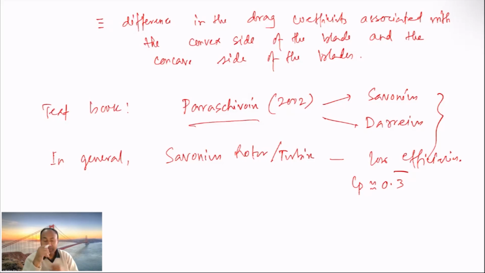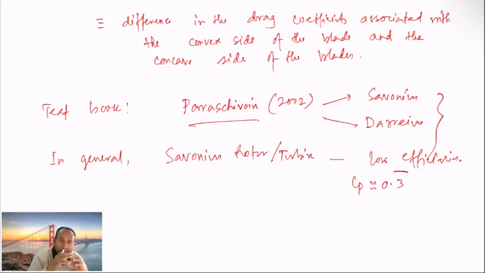So one can think about some design which is mixed in nature. So all these are possibilities. That's pretty much what we would like to talk about on vertical axis and horizontal axis wind turbines.